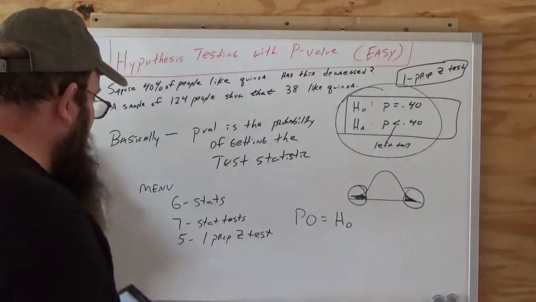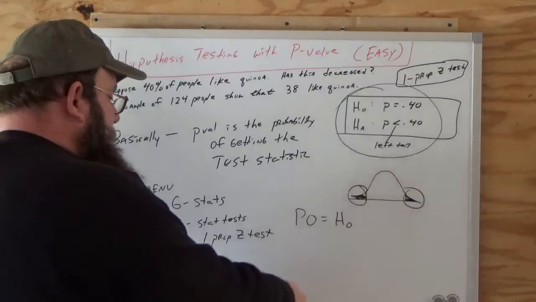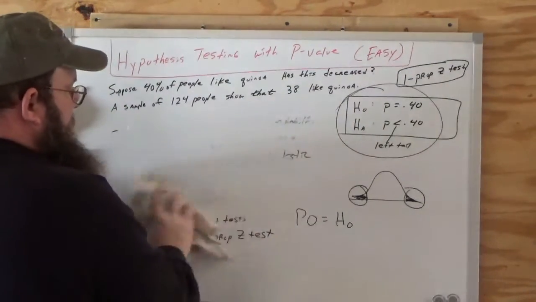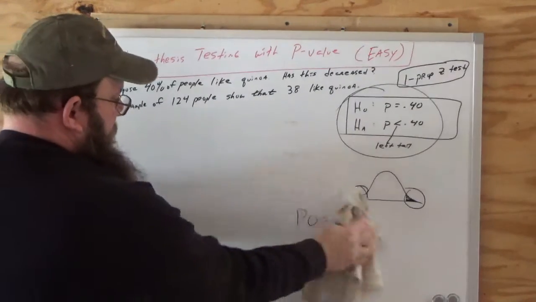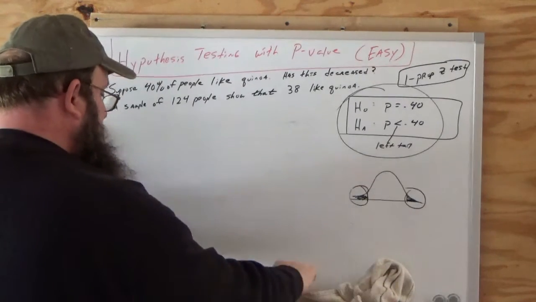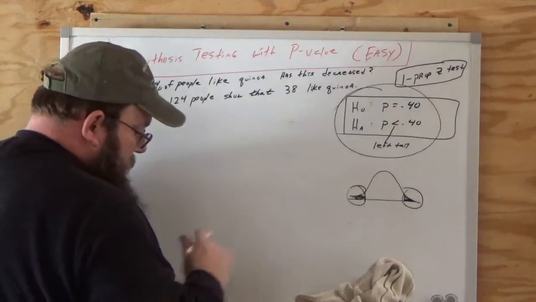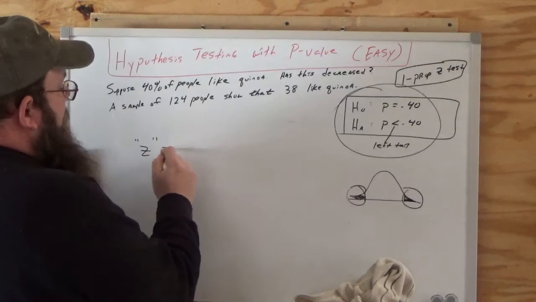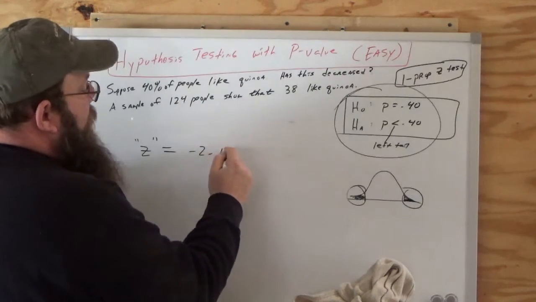So what that printout tells you, I'm going to put up on the board here, because I think zooming in on the calculator isn't going to be very good. So I'll put up on the board exactly what it says. What's really important is z. Z says negative 2.12.